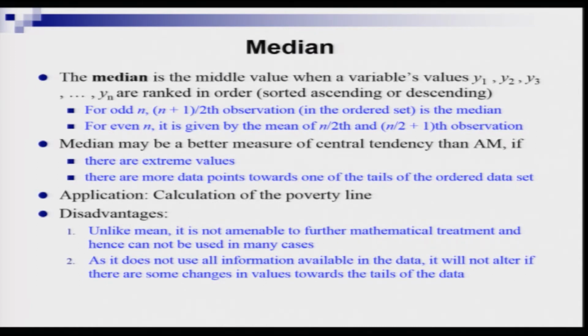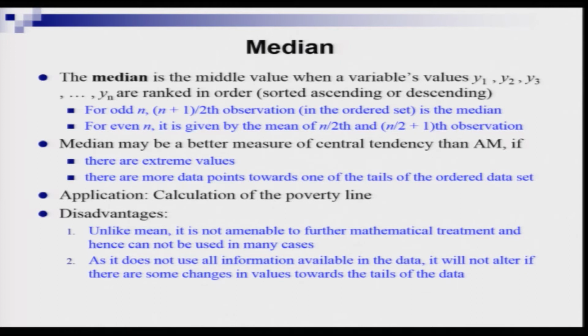If there are extreme values and you are aware of that fact, and if there are more data points toward one of the tails of the ordered data set. So, the data is concentrated either towards the lower tail or the upper tail of the data set. Now, where does median find its application? In development economics, median is used for calculation of poverty line.